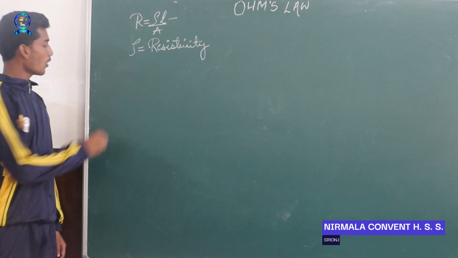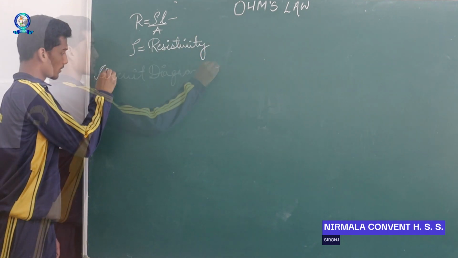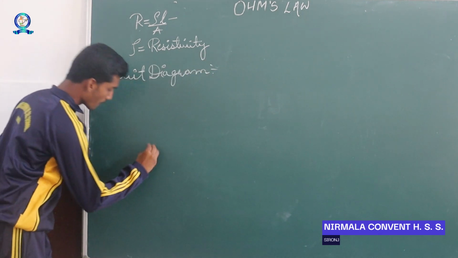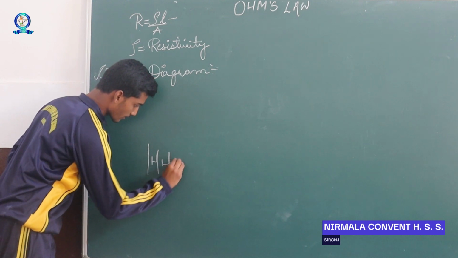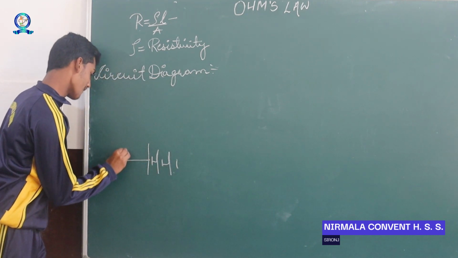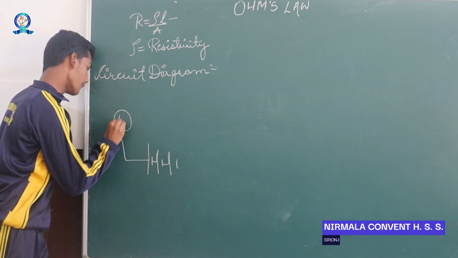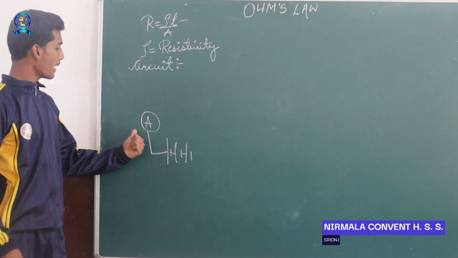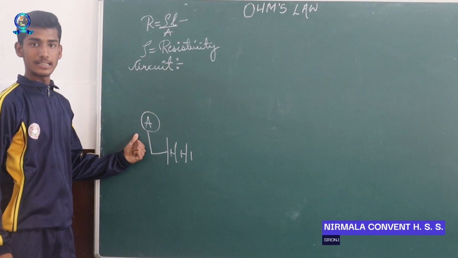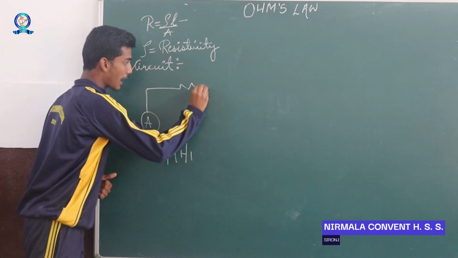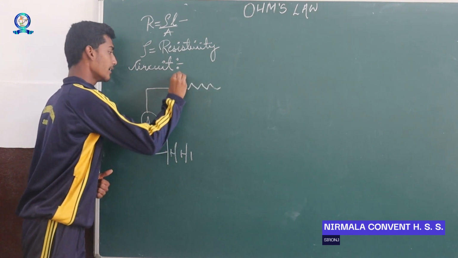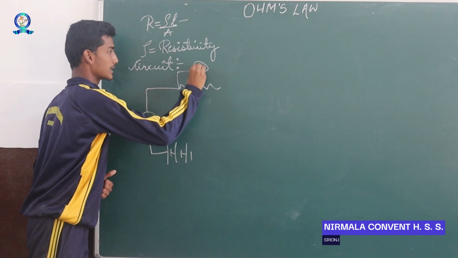Now we will draw a diagram of a circuit. First of all, we will connect a battery, and to this battery we will connect an ammeter. This ammeter is always connected in series. Now to this ammeter we will connect a resistance and we will connect a voltmeter.